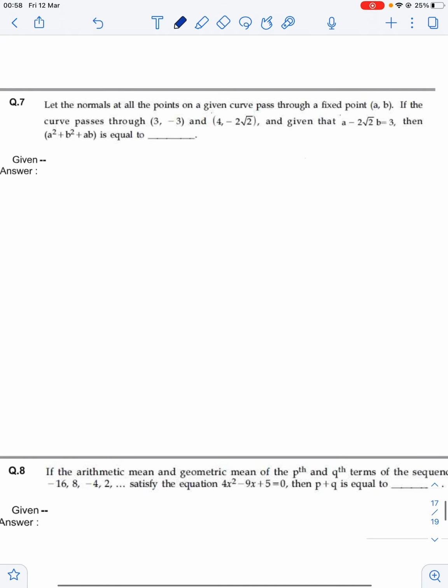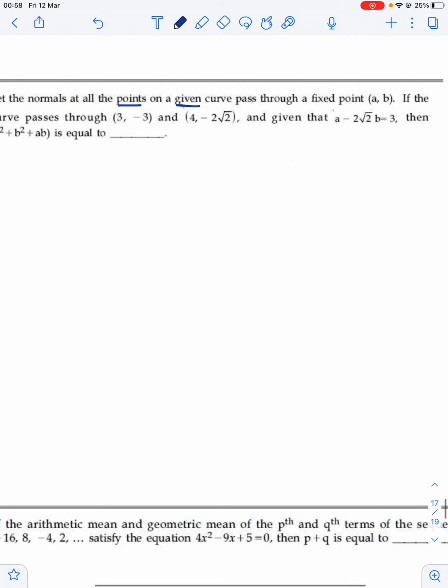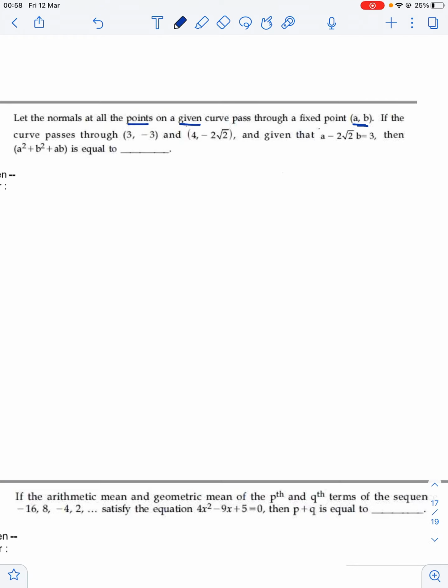Question number 7 says the normal at all the points on the given curve passes through a fixed point. So the normal at any point, if you draw the normal, passes through the same point a comma b.